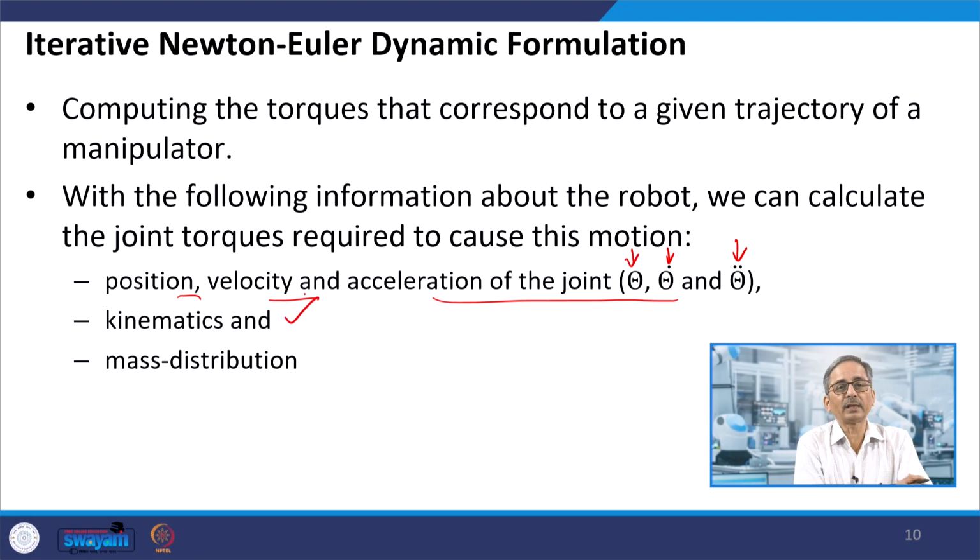And if I know the kinematics and I know the mass distribution. Mass distribution essentially, as we have seen, we know about I, that is the inertia matrix. So, if these things are known, it is very easy for me to formulate the Newton-Euler dynamic equation.